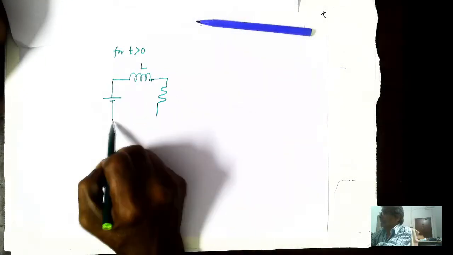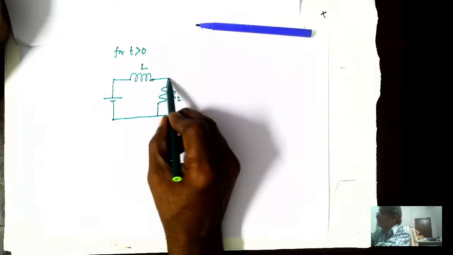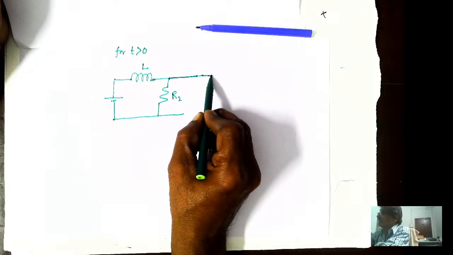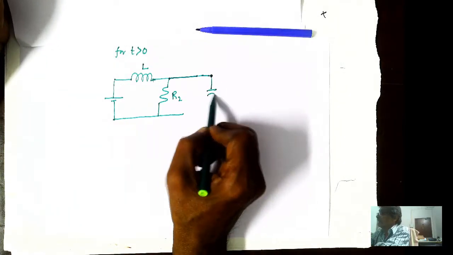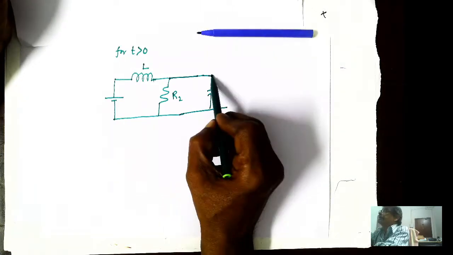This is your L, this is your R2, and this is now closed, so this is shorted, and here is a capacitor in parallel with a resistance.